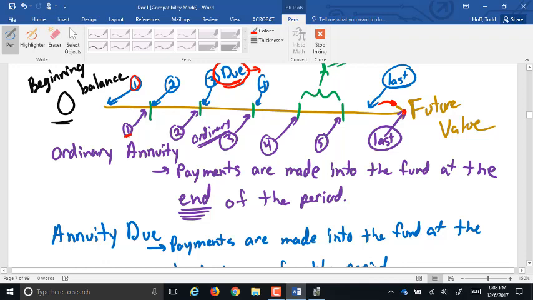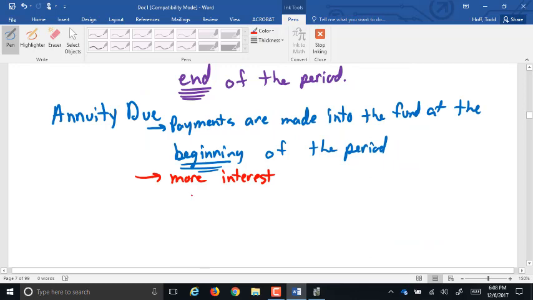This point here is going to be the same as right there. So what you do with the annuity due is you just figure one extra period of interest. So the annuity due gets one period of more interest.